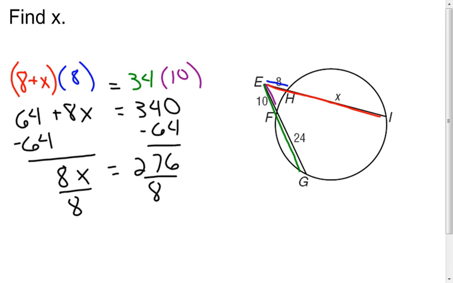After all that's done, I find out that the value of x is equal to 34.5, and in this case it would just be units because I don't have any other label. So I've calculated the length of segment HI, and that's what it asked for when it asked me to find the value of x.